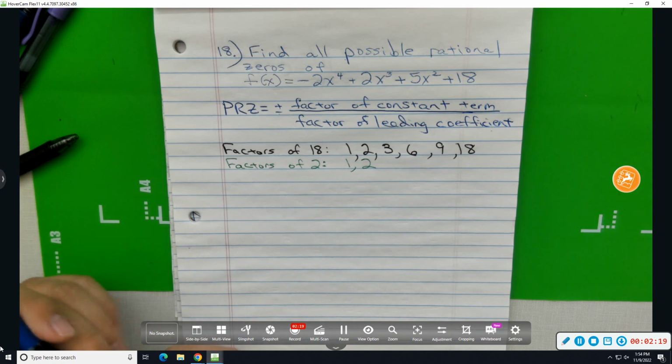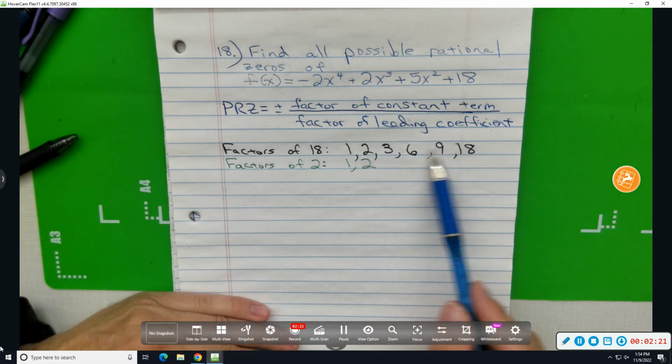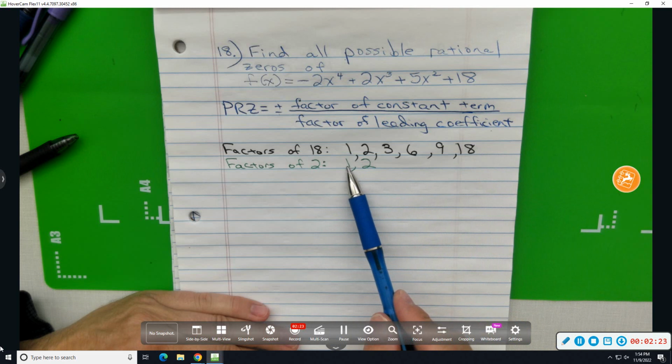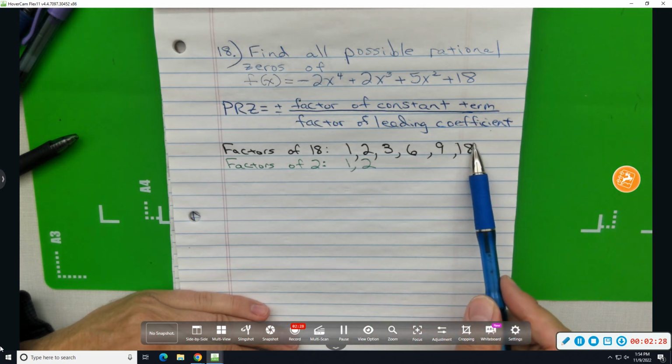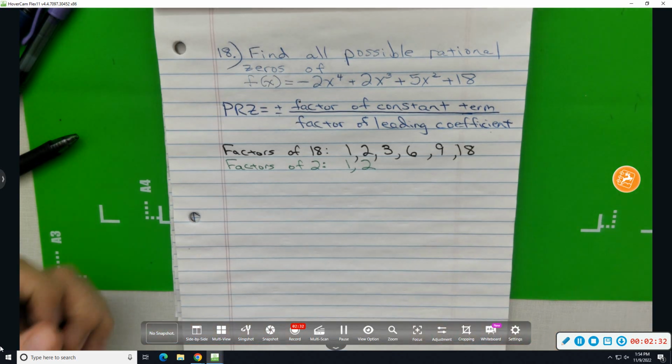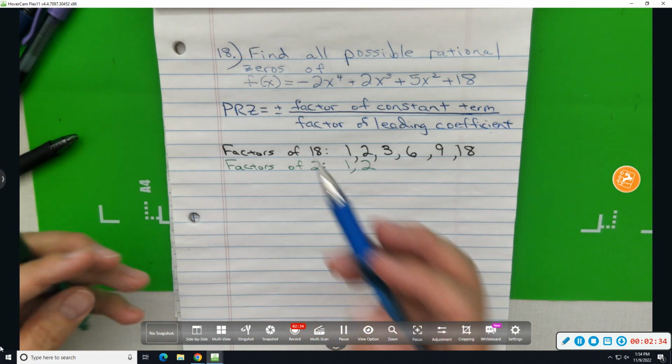So we have to take every number up here, put it over 1. Then we take every number here and put it over what number? 2. That's right. And don't forget the plus minus.